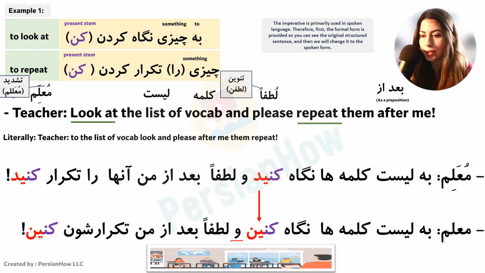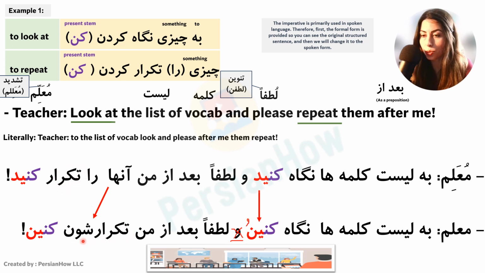Specifically, what we do is like imagine putting an O here. So it would be نگاه کنی و. And then the second one, the third one, sorry, آنها را becomes shun and it's attached to the non-verbal element.